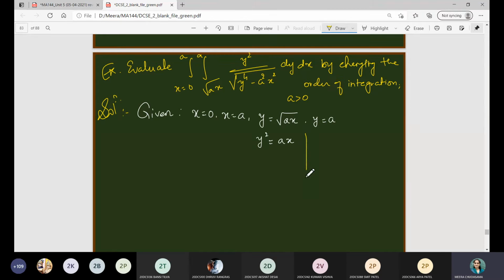X-axis. Ma'am, it's given positive root x, so only the upper part will come. Lower part will not come. Yes, but the parabola is symmetric about the x-axis. So it will be this one actually.